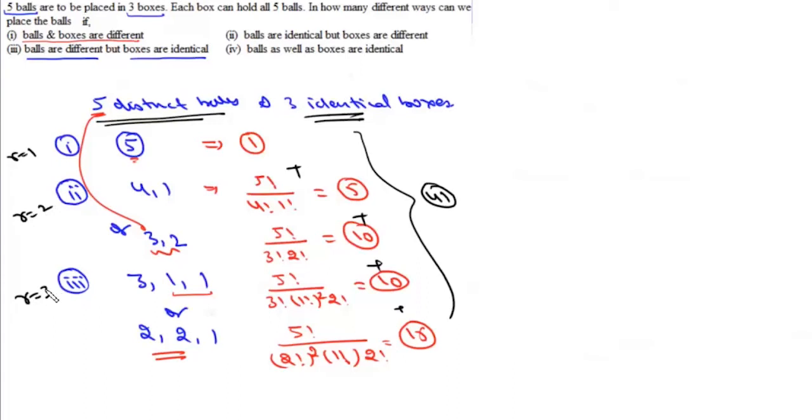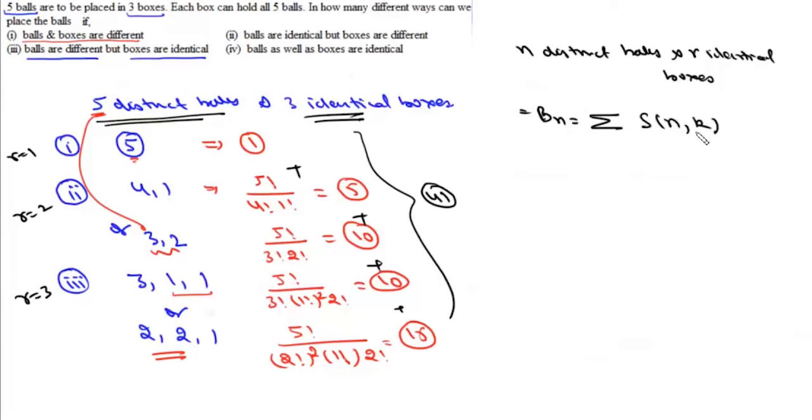So the general case of solving this problem will be, suppose we have n distinct balls and we have r identical boxes, then the number of ways of distributing n distinct balls in r identical boxes will be given by the Bell number Bn, which is nothing but the sum of Stirling's numbers of the second kind S(n,k), where k varies from 0 to r.